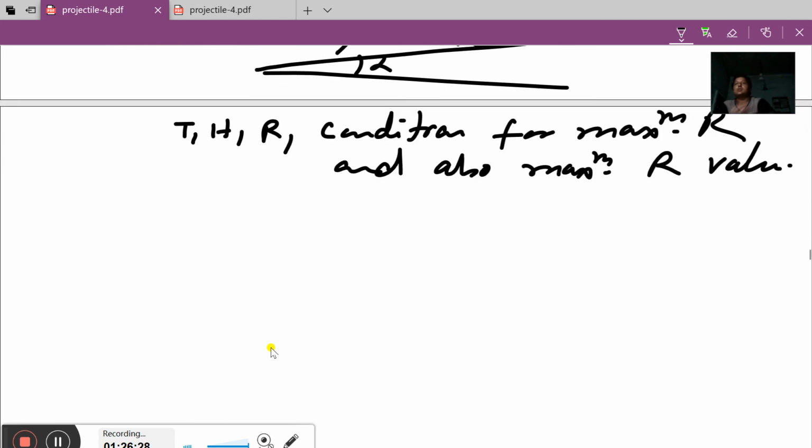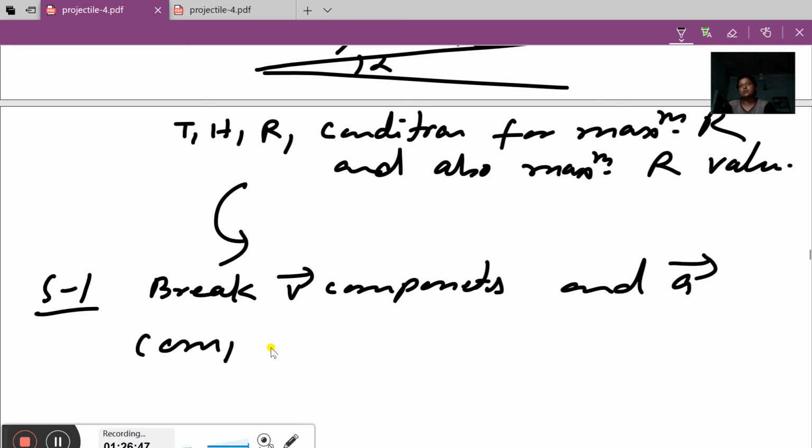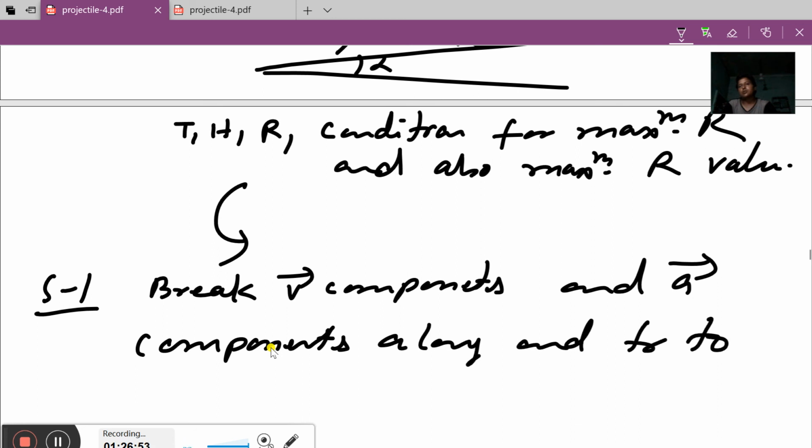In the same process we can calculate. First step is to break velocity components and acceleration components along and perpendicular to the inclined plane.